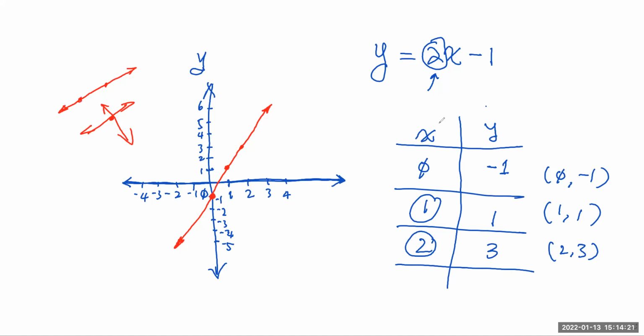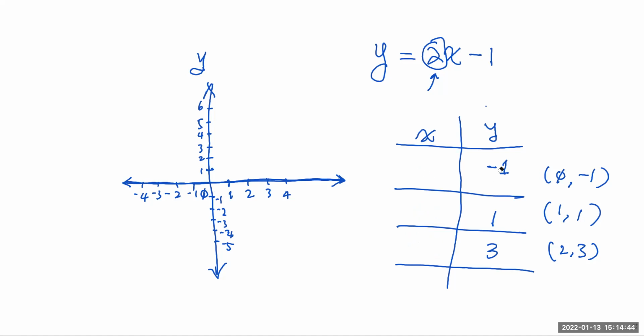So because it's a straight line, we just need 2 points. I'm going to give you a couple of examples here. I think you can graph it without problem. You just need to write out the pairs, okay? Different functions.